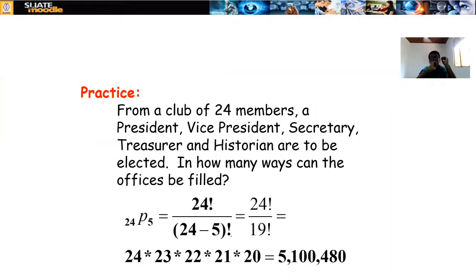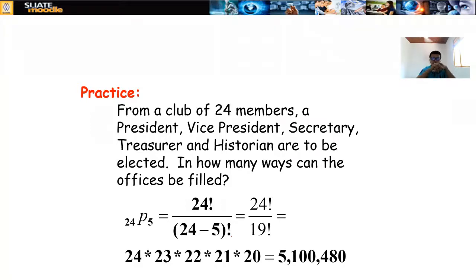Remember, if we are appointing individuals for dedicated positions, that comes under permutations, which we regard as arranging.